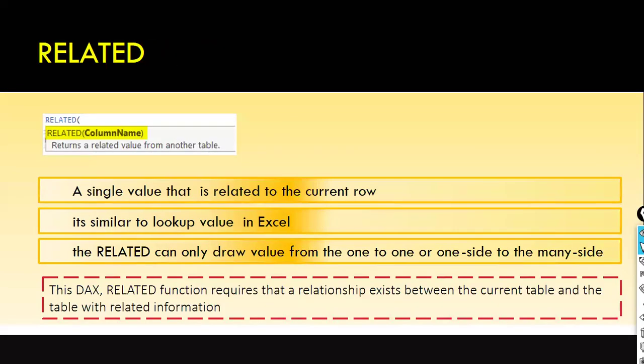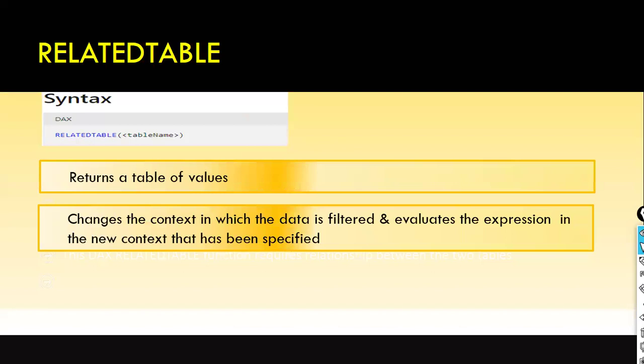The RELATED function, if you want to draw a column from the one side to the many side. If you want to draw the value from your many side, which is the fact sales table, to your one side table, the product dimension table, in that kind of situation, you can use RELATEDTABLE. It changes the context in which the data is filtered and evaluates the expression in the new context that has been specified. Very good, right?